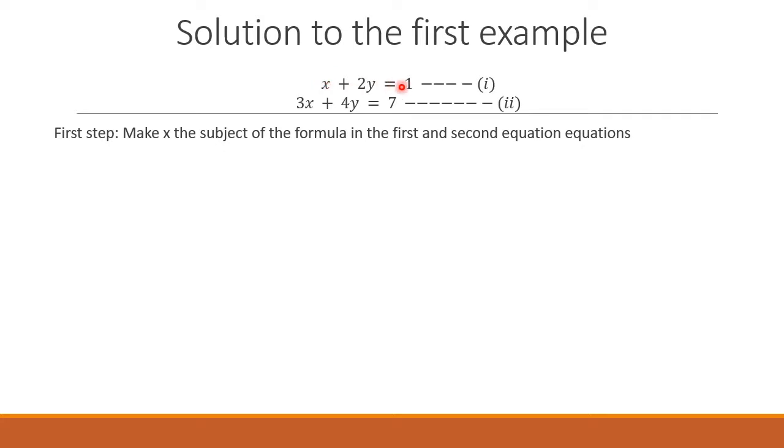To make x the subject of the formula in this equation, it means that you are going to take anything that is not x to the other side of the equation. What is not x here is 2y. So we are going to remove this 2y. How do we remove it? In mathematics, if you want to remove any number that is positive, you have to introduce a negative of the same value.